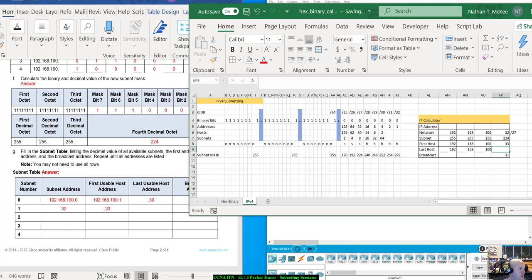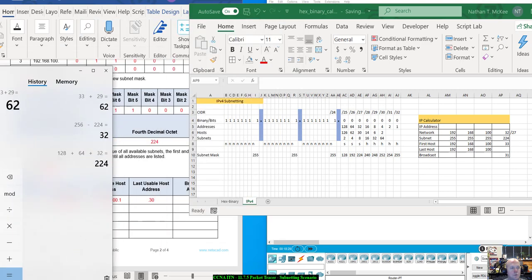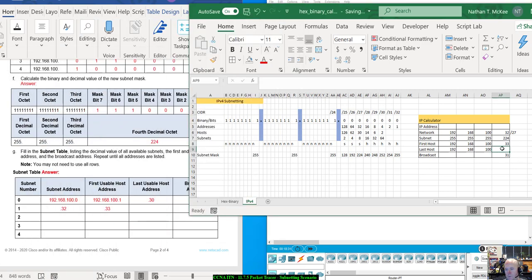If I add, I have 30 usable addresses, so if I added 29 more to 33, 33 plus 29 more equals 62. .62, broadcast .63.